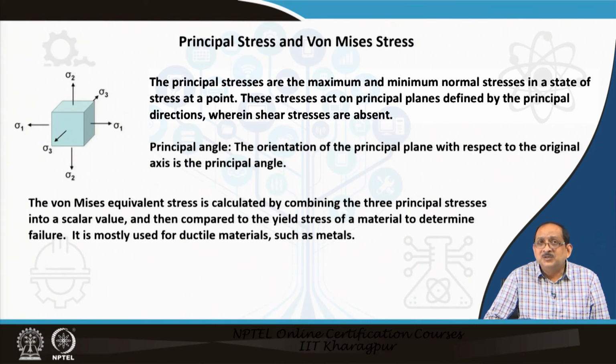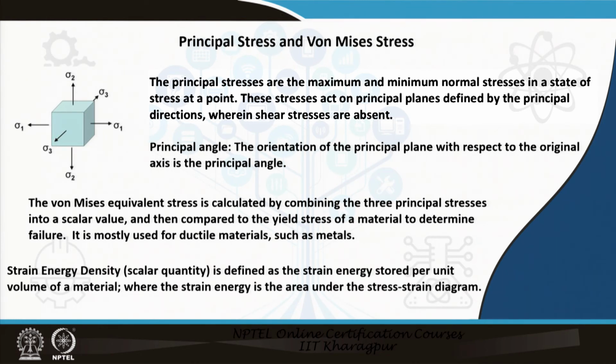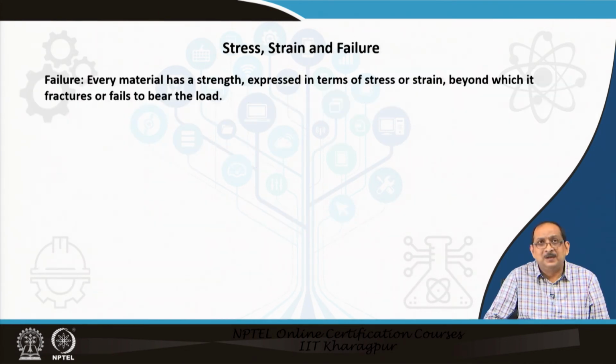It is mostly useful for ductile material such as metal. Another important scalar quantity, strain energy density, is defined as the strain energy stored per unit volume of a material, where the strain energy is the area under the stress strain curve.